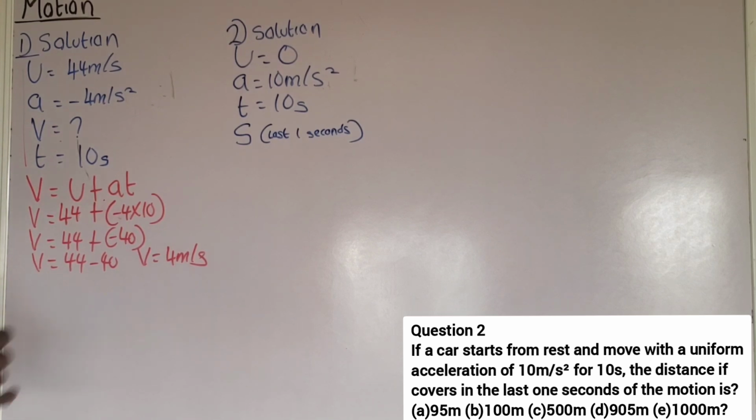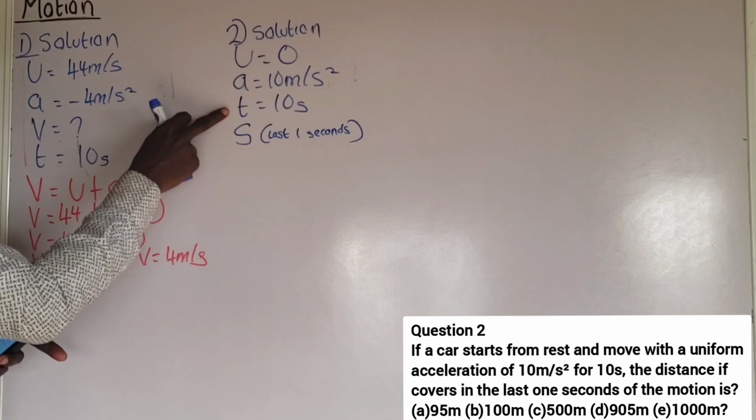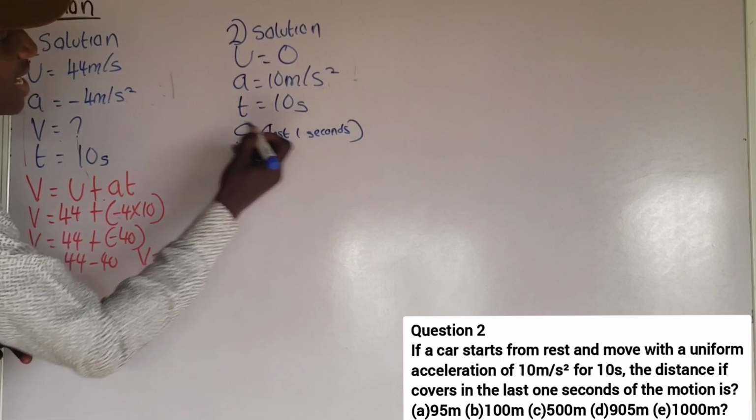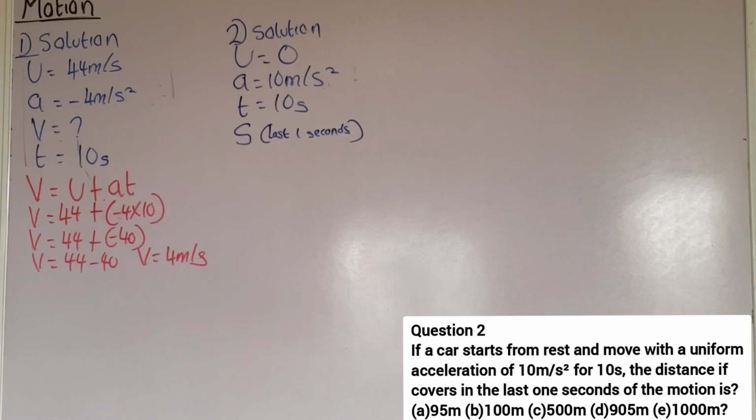The time that you are given is 10 seconds. That is the total time taken for the car to travel. Now, we are asked to calculate the distance covered in the last 1 second of its motion. That means that this distance is the difference between the distance at 10 seconds and at 9 seconds.